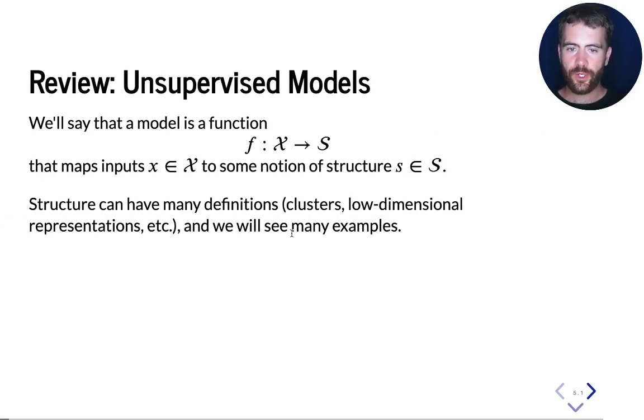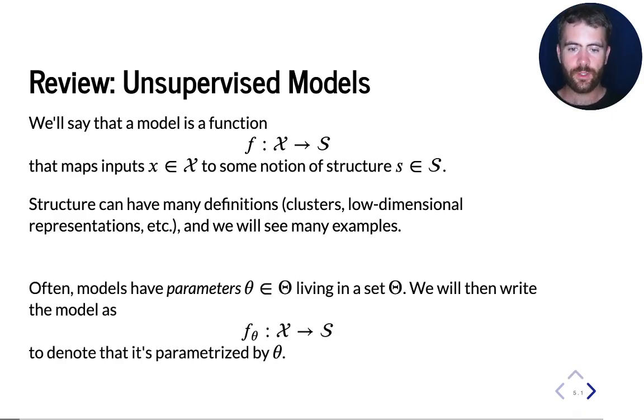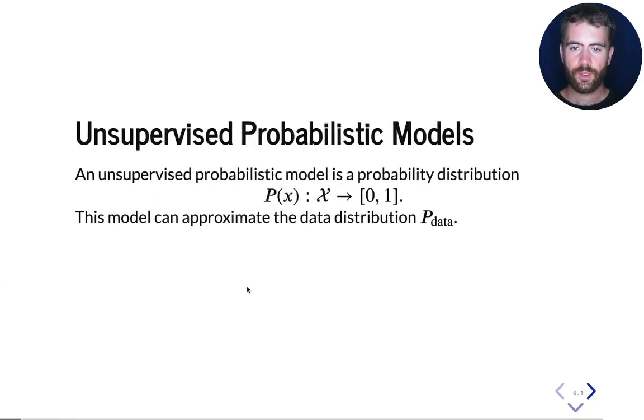And then we defined a concept of an unsupervised model, which is some function which maps inputs to interesting structural components, perhaps clusters or low-dimensional representations. We're going to see a lot of examples here. And of course, as in supervised learning, our models are often parametrized and they have these parameters theta.